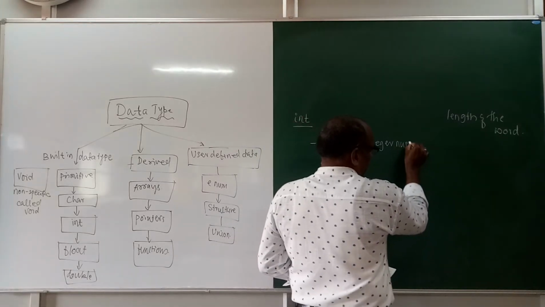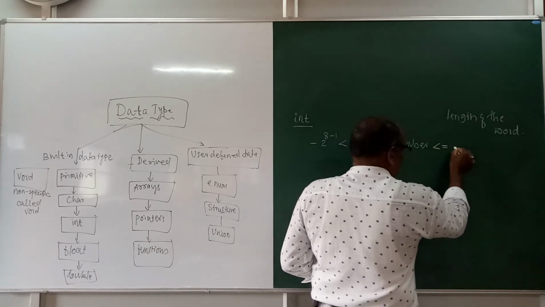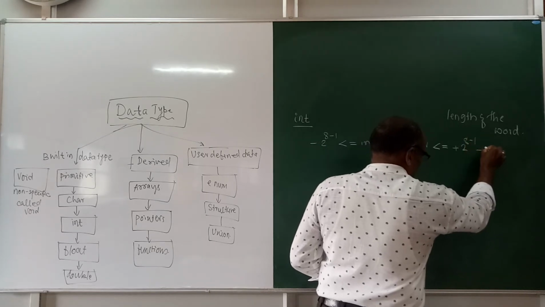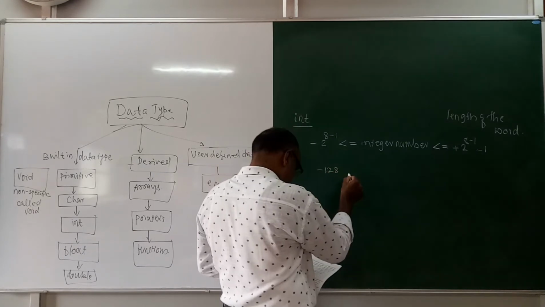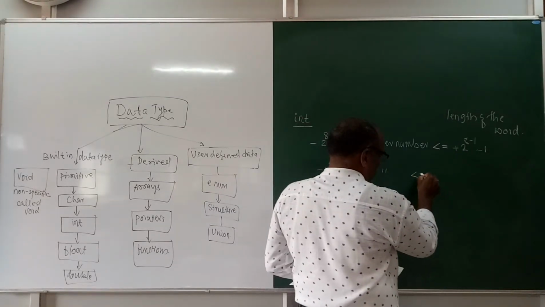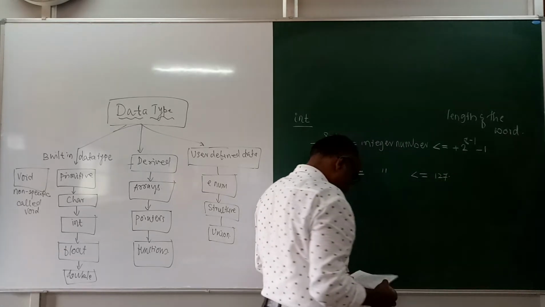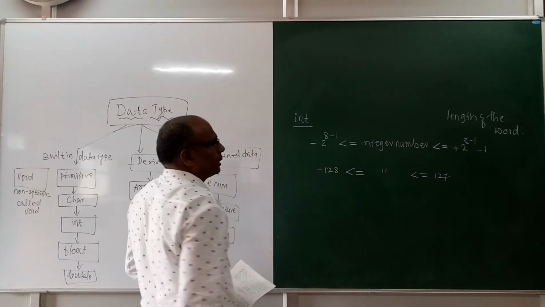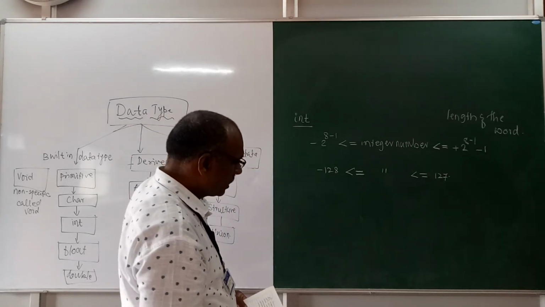An integer number is less than or equal to plus 2 to the power 8 minus 1 here. This will be equal to minus 128 less than or equal to this number, less than or equal to 127. This is the range of an integer for an 8-bit processor or 8-bit computer.